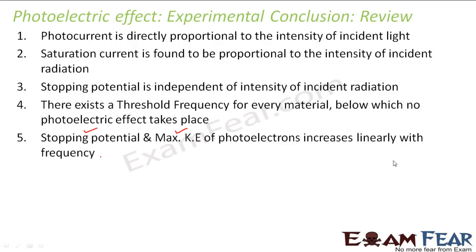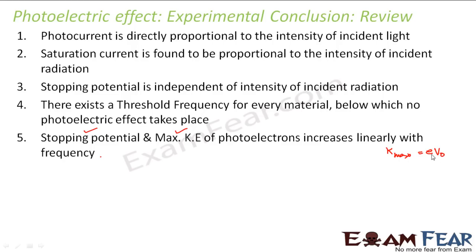That means at stopping potential, the electron which has the maximum kinetic energy will also not be able to reach the collector electrode, right? That means at stopping potential, the energy due to the work done by the stopping potential becomes equal to the maximum kinetic energy of the photoelectron. That's what I had mentioned before. That is K max becomes equal to e V naught.